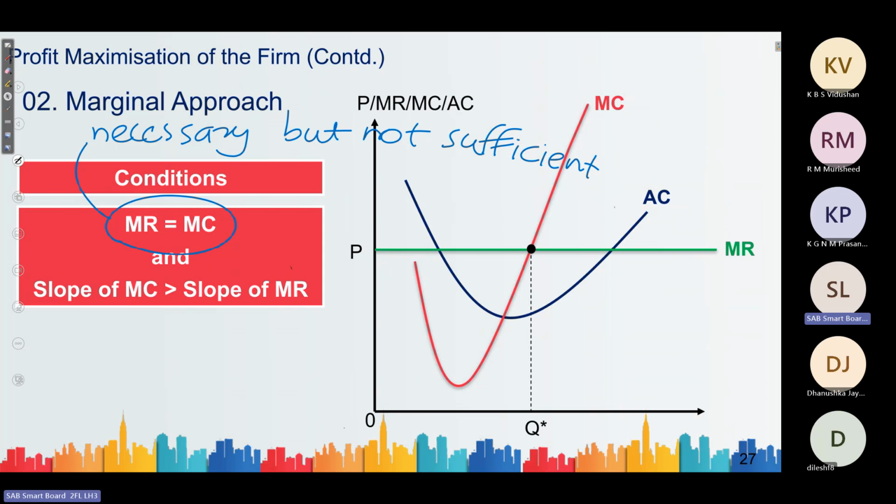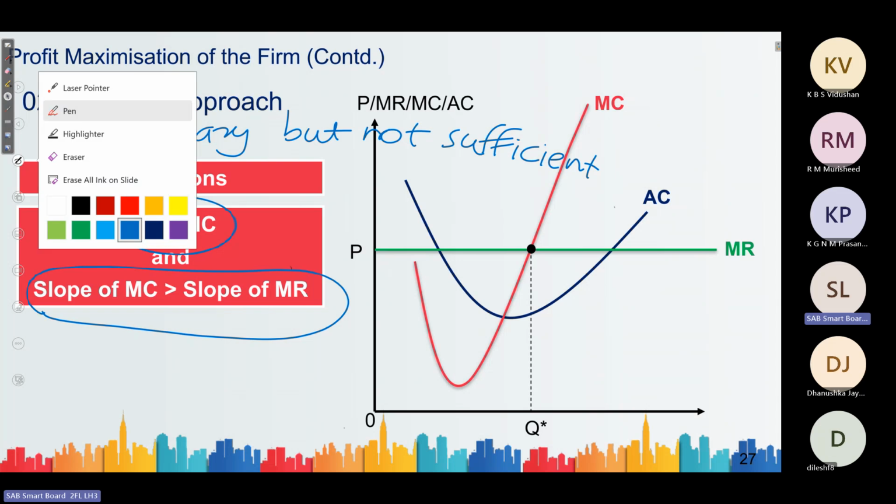Therefore, it's necessary but not sufficient to confirm that. To confirm that it's about profit maximization, not loss maximization, we should have a secondary condition. That is, slope of marginal cost should be greater than slope of marginal revenue.